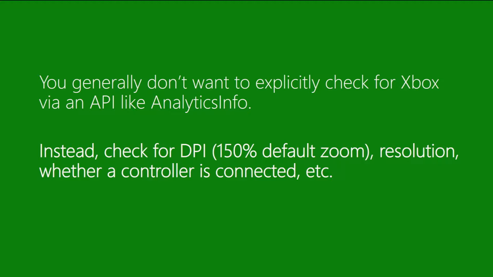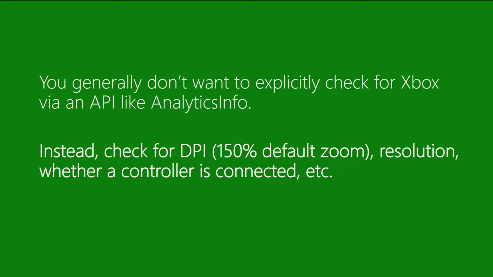One of the ways I like to do it is to instead check for DPI. By default, all the apps on the Xbox have a default zoom value of around 150%. You can check resolution, which may not be the best one because 4K or 1920 by 1080 are all resolutions that other devices can also cater to, but it is one approach you can take as well. And the other approach is you can check whether the controller is connected or not.